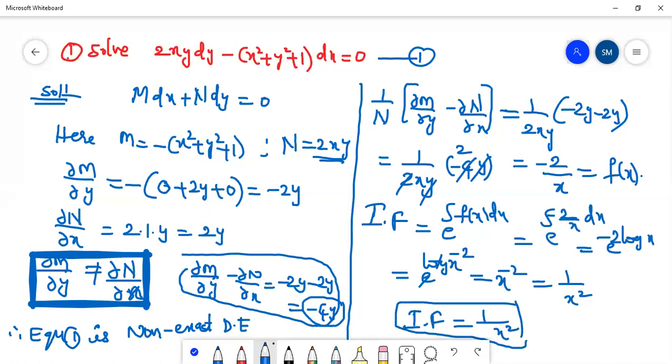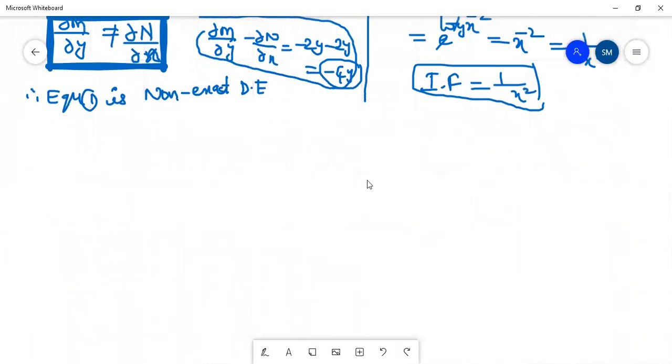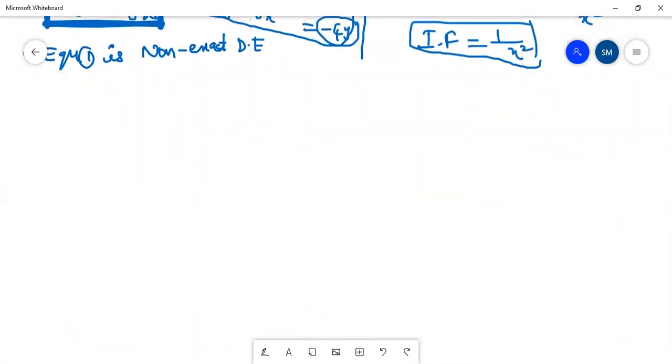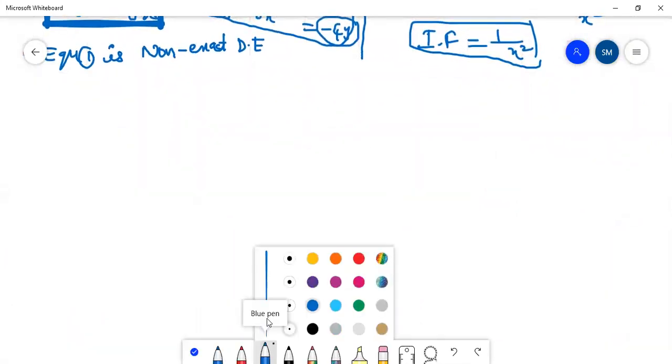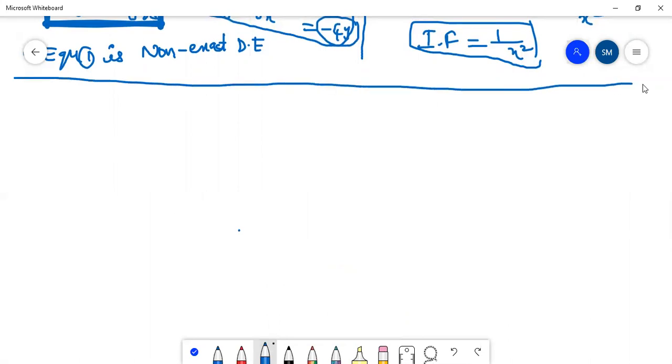After finding the integrating factor, again equation 1 is multiplied with the integrating factor for reduction to exact. So equation 1 is multiplied with the integrating factor, then it can be reduced to an exact differential equation.